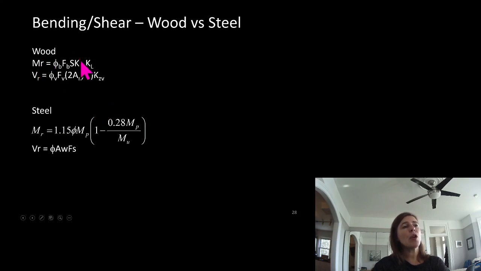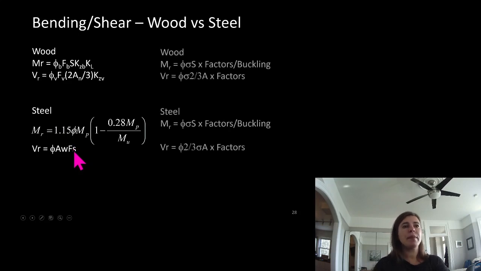So look at this. Here's our wood equation for bending and shear. We've got our reduction factor. We've got our strength with our modifiers or our factors applied to it. We've got a shape property. We've got our size factor. And then for strength, we've got buckling. Steel looks like a bit of a hot mess. But if you remember, for shear, we've got those the same. We've got our area. And then FS had that 0.67 applied to it.